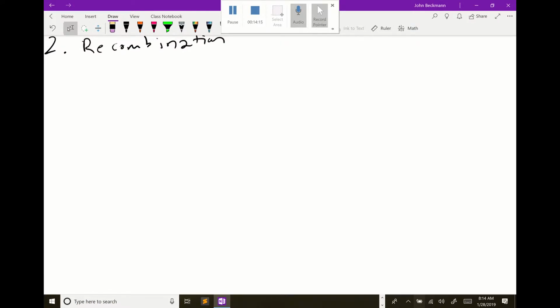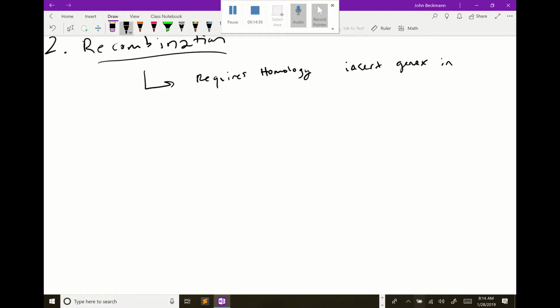First, we'll talk about this in the context of yeast, and we'll review. So recombination requires homology. And just like a transposon, it's a way to insert gene X into a chromosome. Okay?